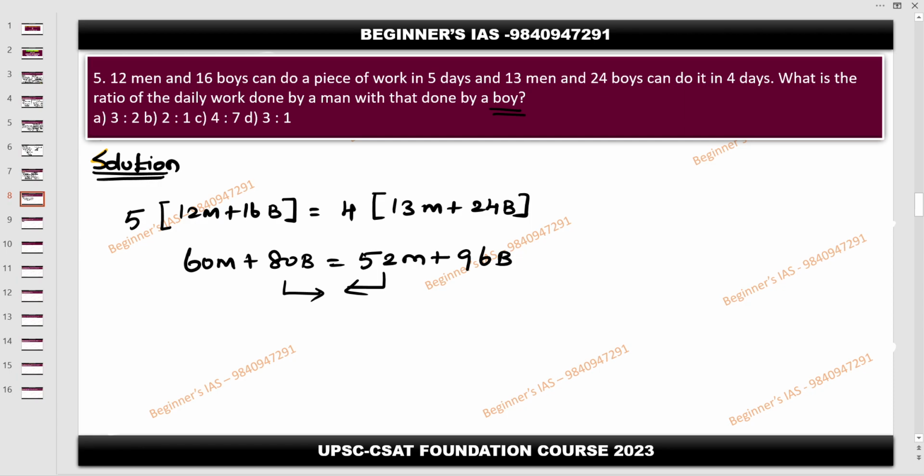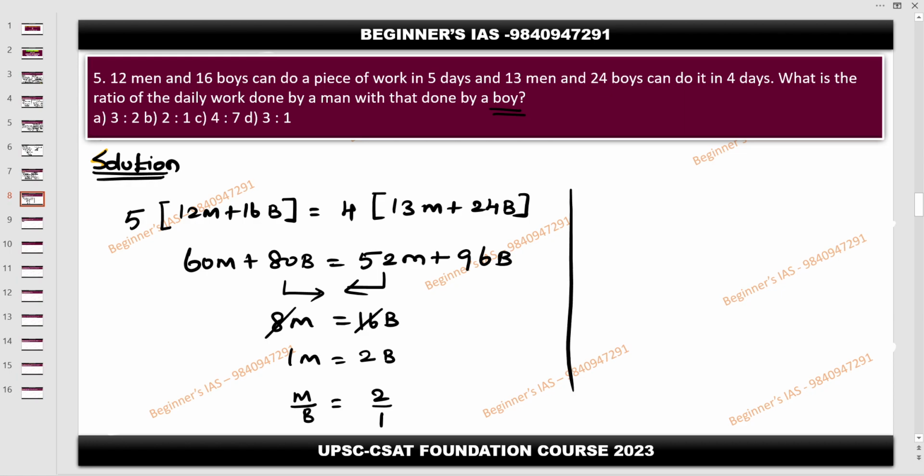Then 60 minus 52 becomes 8m, and 96 minus 80 becomes 16b. So cancelling, 1 man is equal to 2 boys. The question is the ratio of man to boy, so m by b is 2 by 1. Therefore m is to b is 2 is to 1. So the answer is 2 is to 1. Anybody having a doubt? Option B, 2 is to 1.